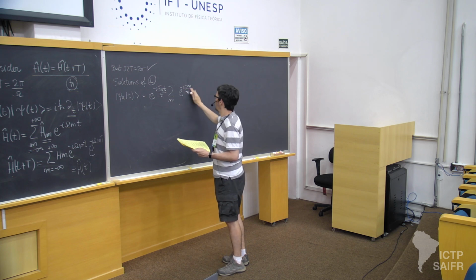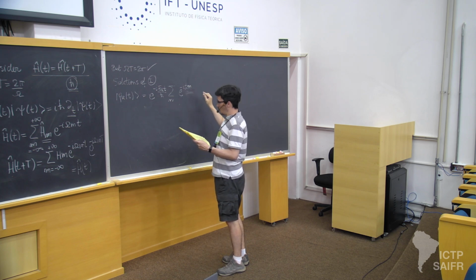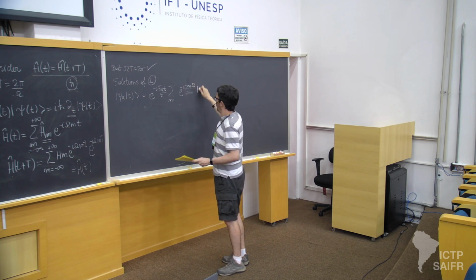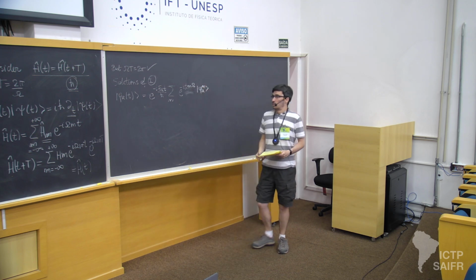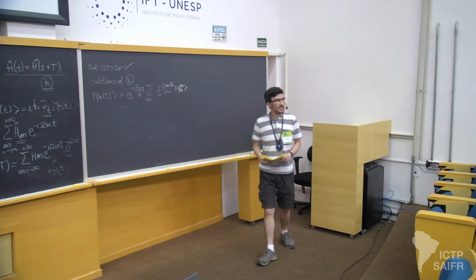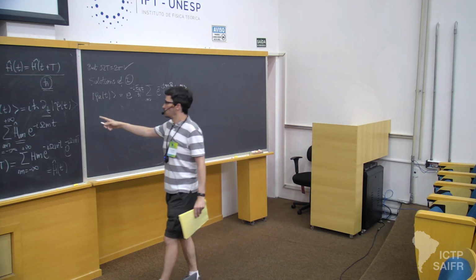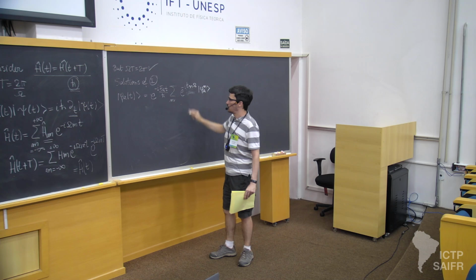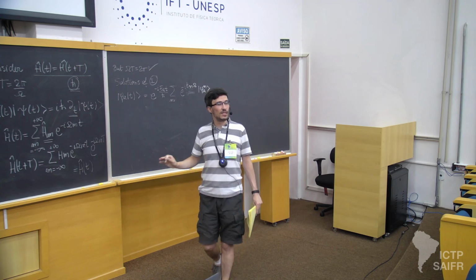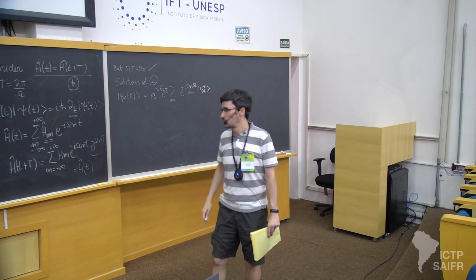No, there's no h bar here. This is the theorem. It says that this equation 1 has solutions that have this particular form. We have to understand the meaning of all these terms at this point.